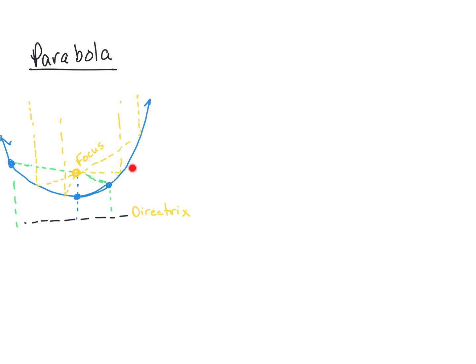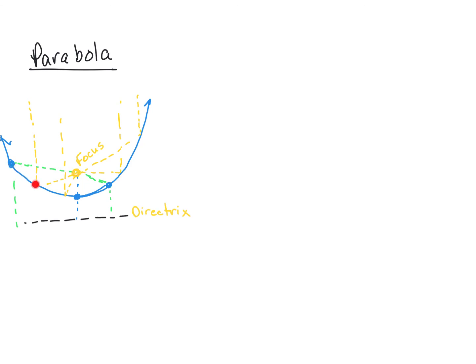And once they hit a point on the surface, they're going to reflect back off in such a way that they all get focused right there. So that's an example of something coming from outside and being gathered by the focus.